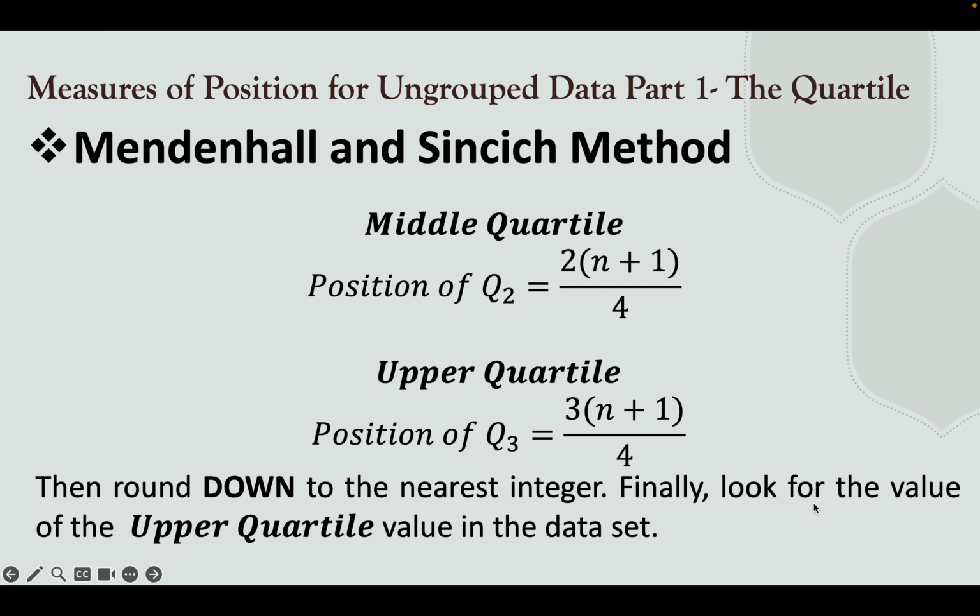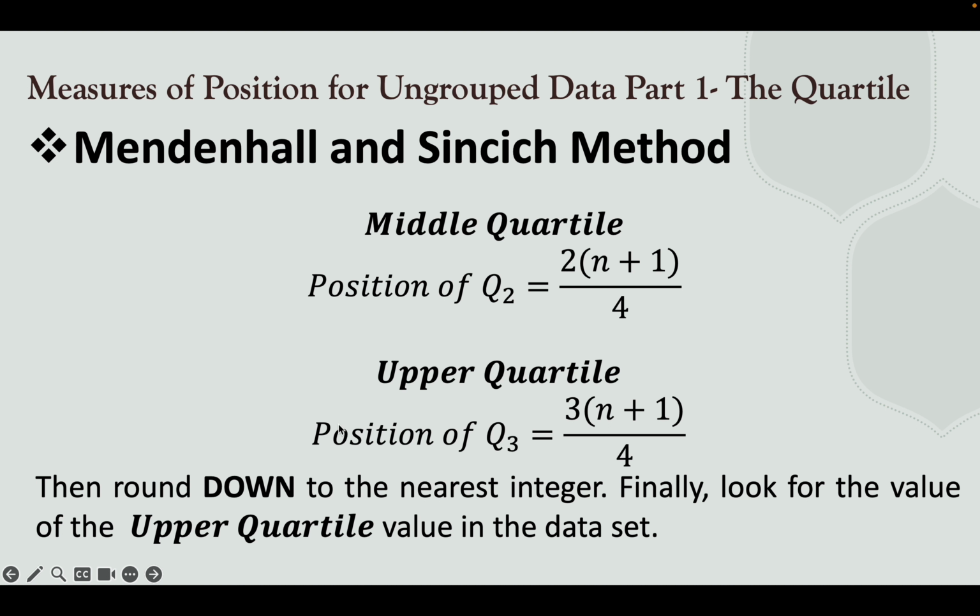And then finally, look for the upper quartile value in the data set. For example, if you have 2.6, round down, so the second position only. Or 2.1, round down, class, second position also. So always in the upper quartile, round down to the nearest integer.